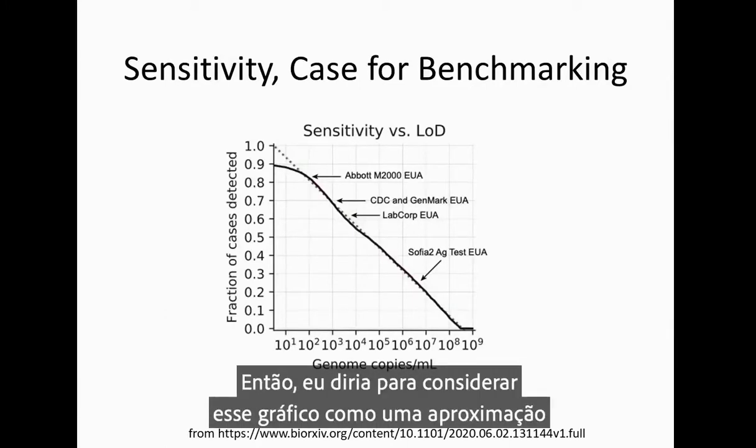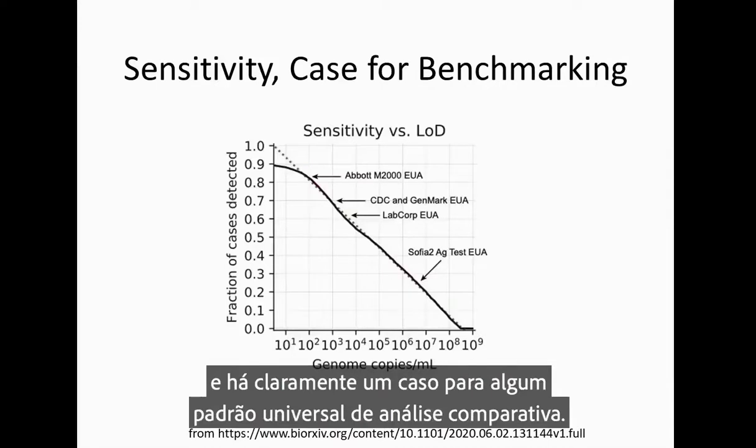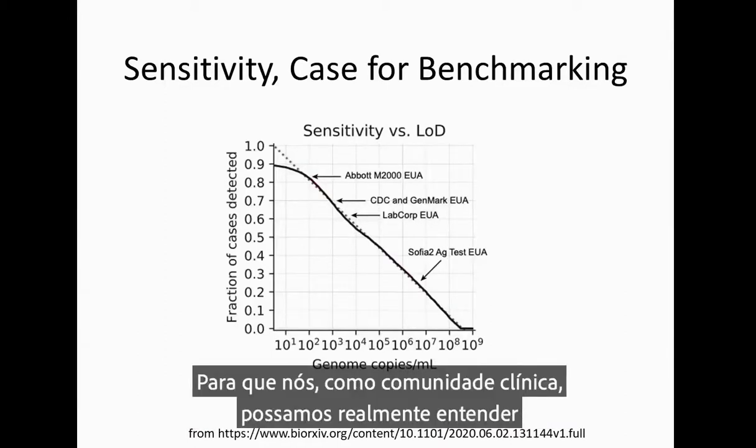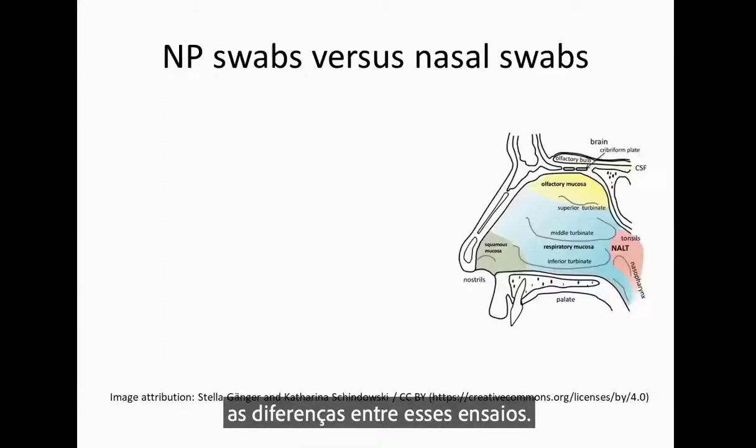So I would say, take this graph as an approximation, and there's clearly a case for some universal standard for benchmarking so that we as a clinical community can really understand the differences between these assays.